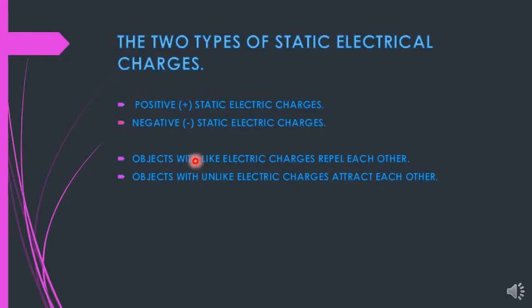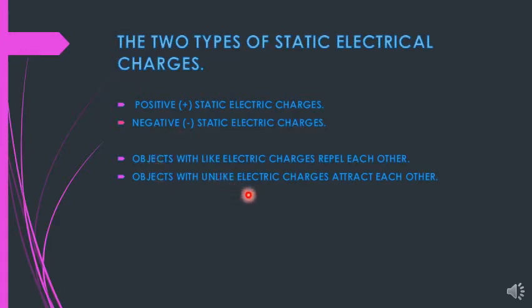Objects with like electric charges repel each other. That means positive static electric charge and positive static electric charge, they repel because they are like electric charges. Negative static electric charges and negative static electric charges, they also repel because they are like electric charges.